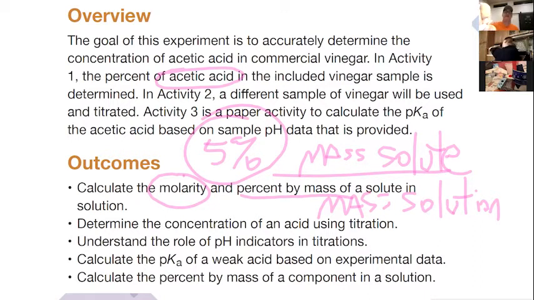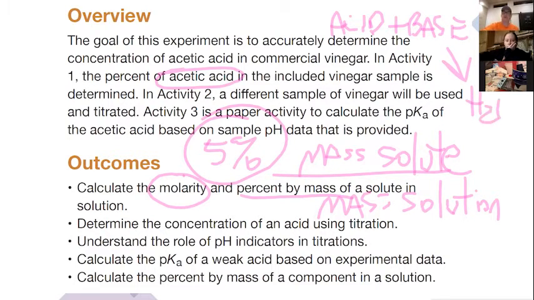So if I have an acid plus a base, what are my products going to be usually? Water and something else. Water and salt.